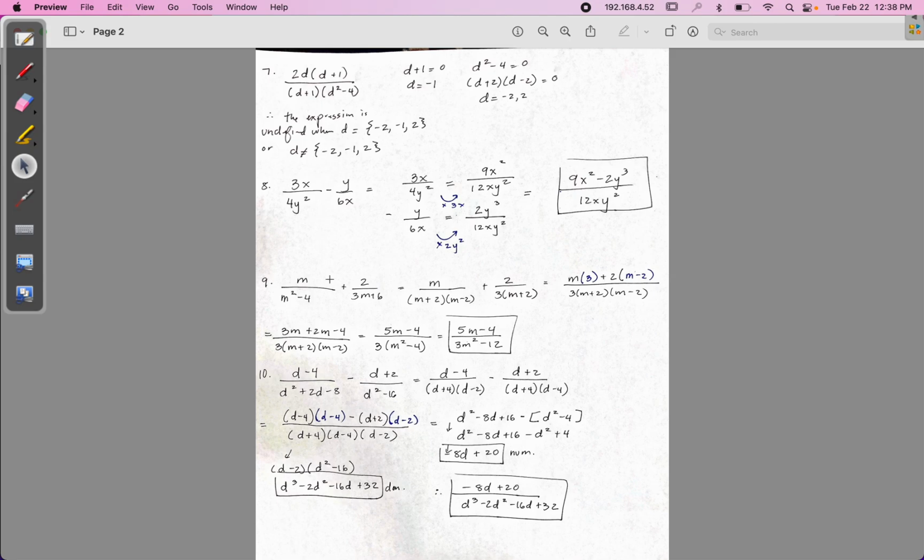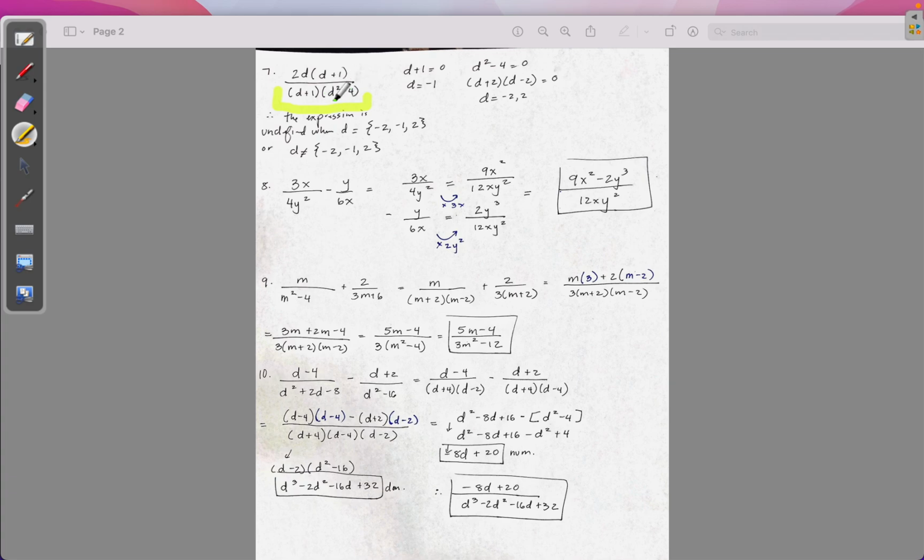Here are the remaining problems with the exception of 11. In problem 7, we were asked for what values is the expression undefined, and so you'll notice that again I'm hyper-focusing on the denominator, which, lucky for me, is already factored, partially at least. So when is d plus 1 equal to 0? Well, when d is equal to negative 1.